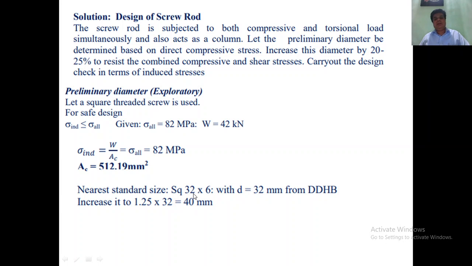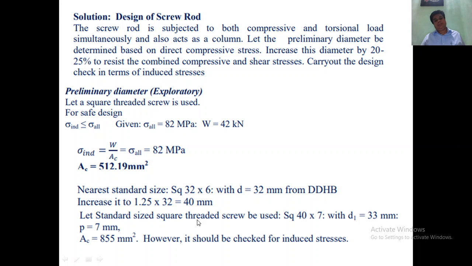This is the standard diameter and pitch combination given for the diameter of 32 mm. As I told you, we have to increase this diameter by around 20% or 25%. So we will multiply this diameter by 125% here, and we get the diameter as 40 mm. The diameter of the screw thread is 40 mm.